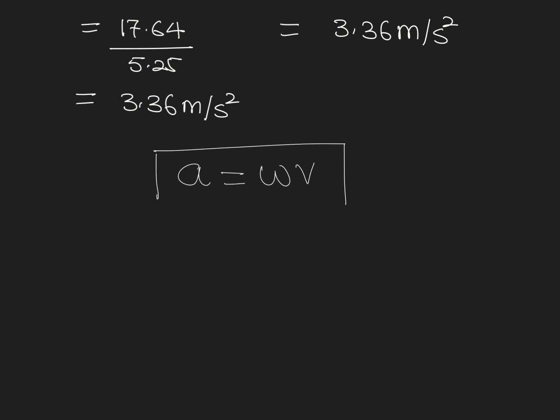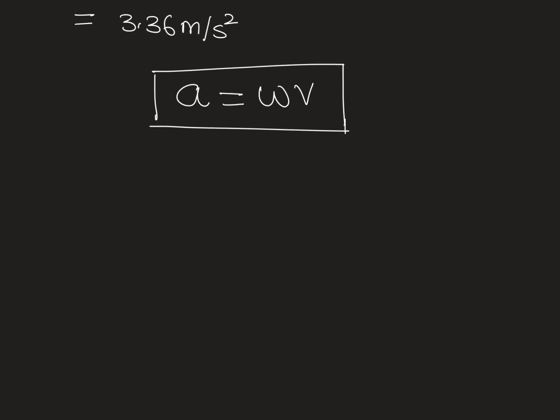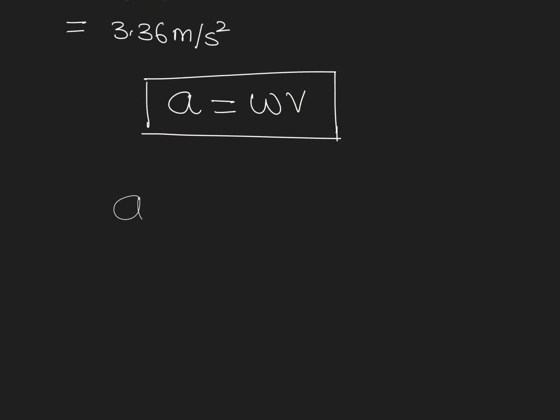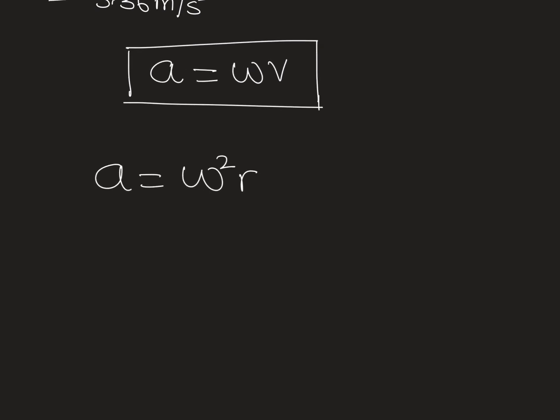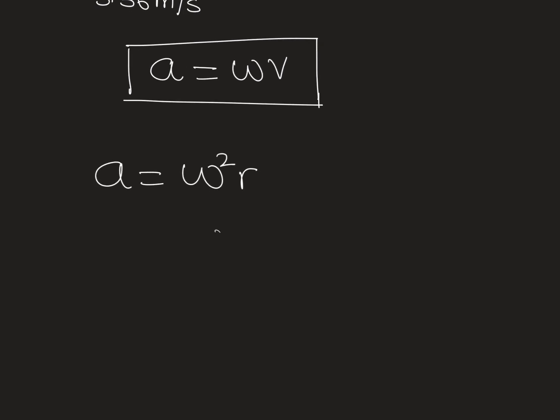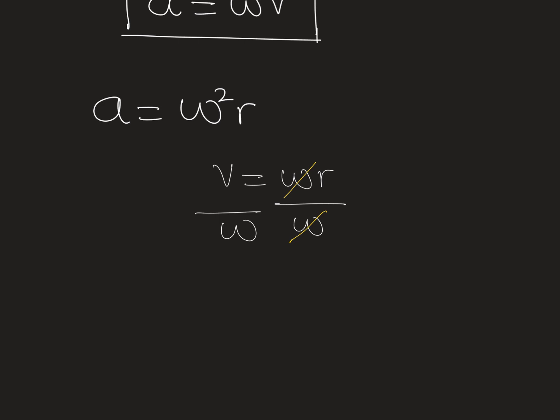All right, so how do we prove that? Well, if we use acceleration is equal to omega squared r, and we know that from v is equal to omega r, we can make r the subject of the formula by dividing both sides by omega, right? So omega cancels omega, and r is equal to v divided by omega.